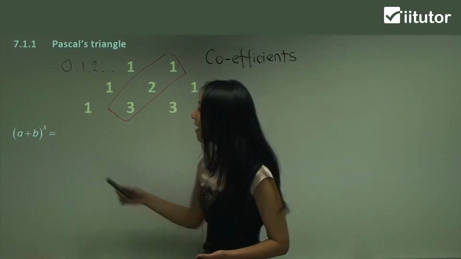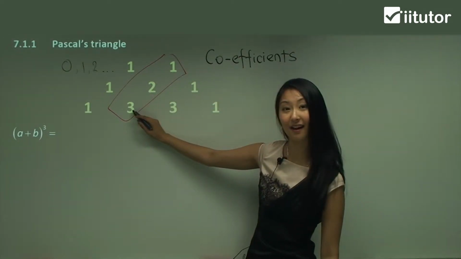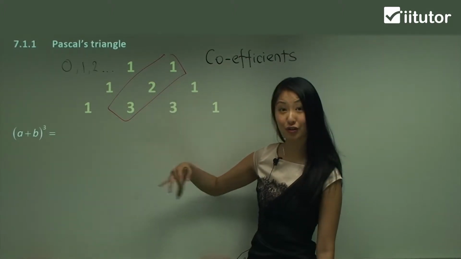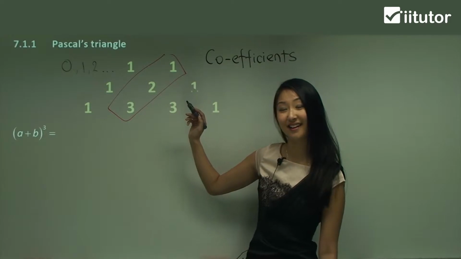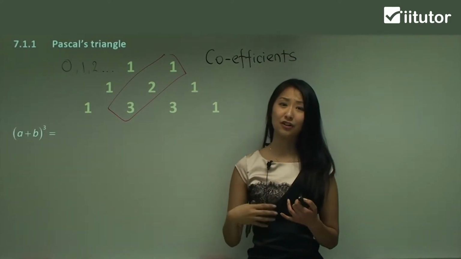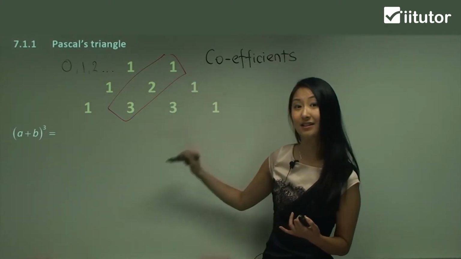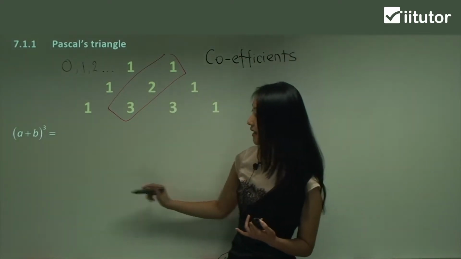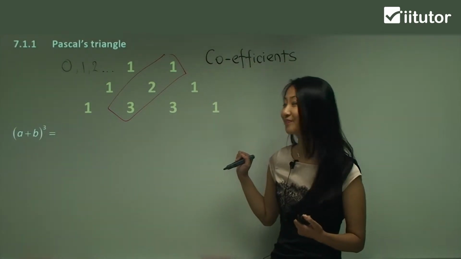So if it's to the power of 3, you know to use this line because you look for the 3 there. And if it's to the power of 2, like before, look for that 2 there, so you know to use this line. And it's quite good when later on you get up to higher numbers. So if you see power of 7, you don't need to count down all the way to 7. You can just see, yep, 7 is the second number there. That's the line that I'm going to use.